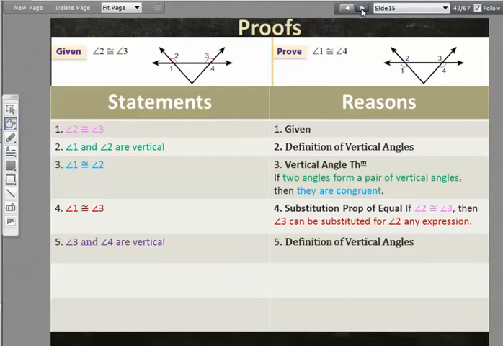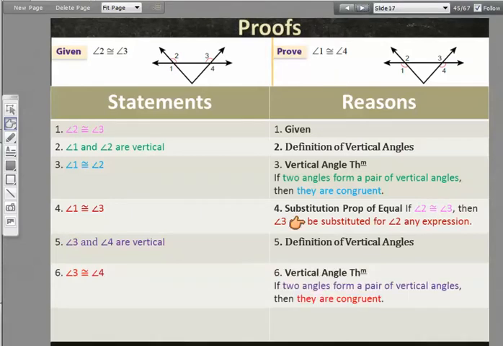There's no other way to tell it. I mean, you can look at the picture. They're non-adjacent angles, across from each other, where lines intersect, they're vertical. So on this next statement, if angle 3 and angle 4 are vertical, then what's always true? Bam, they're going to be congruent.